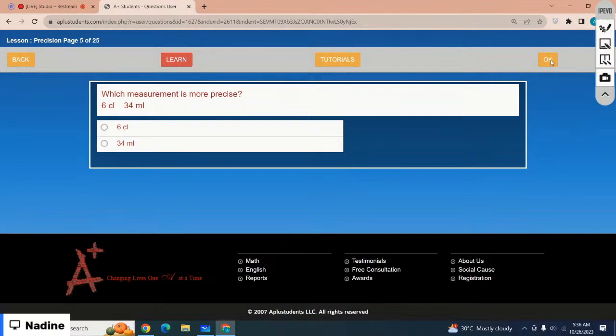Which measurement is more precise? 6 centiliter or 34 milliliter? So which is the correct option?